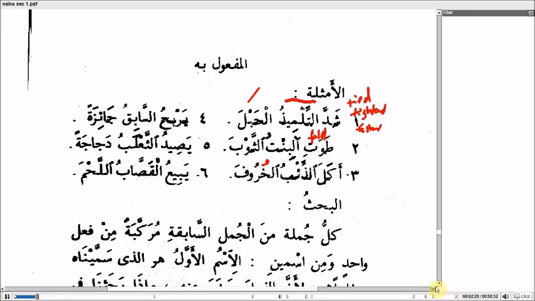Thob doesn't mean the long thing that we wear. Thob means an article of clothing. That long thing we wear is called a qamis, or jalabiya, or in Egyptian a jalabiya.